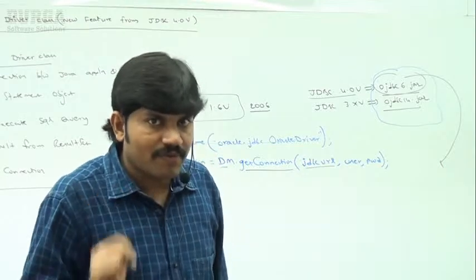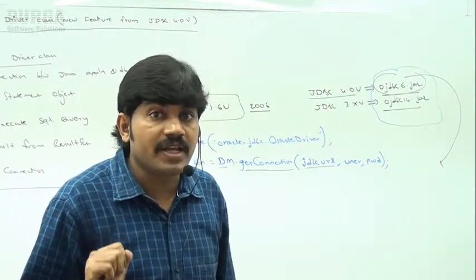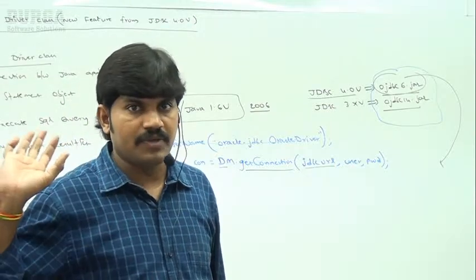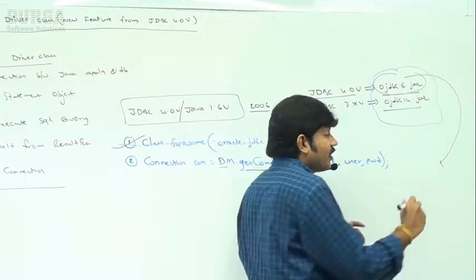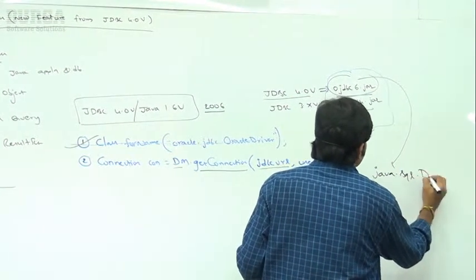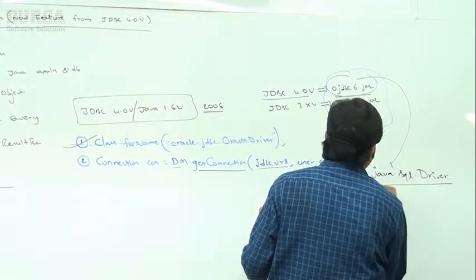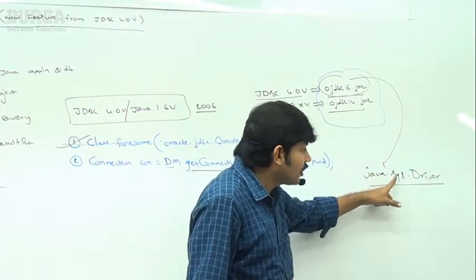From that driver file, my class loader can identify the corresponding driver class name. Remember that. What is the name of that driver file? java.sql.Driver. Don't feel it is an interface. It is the name of the file.